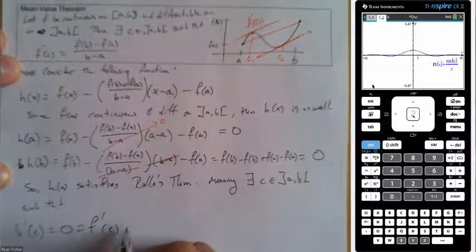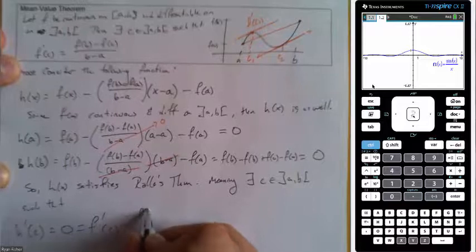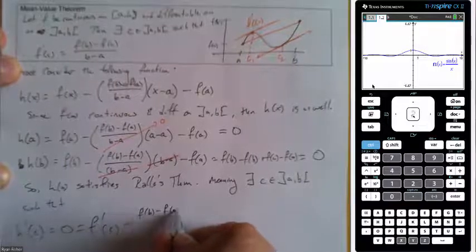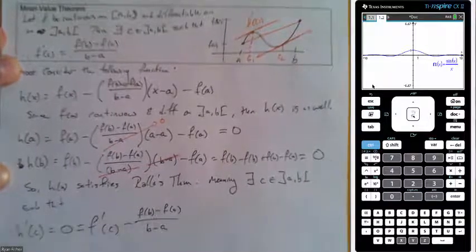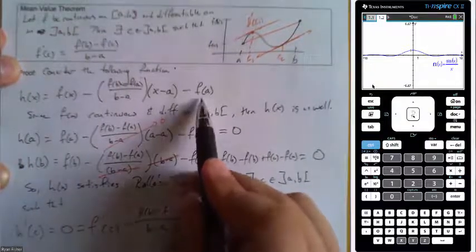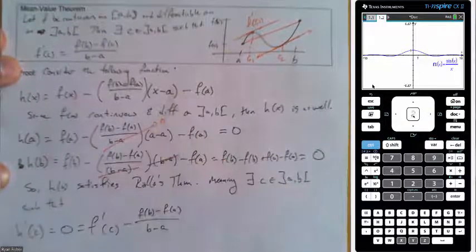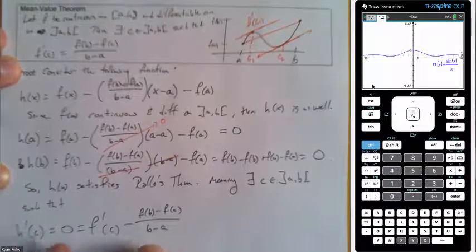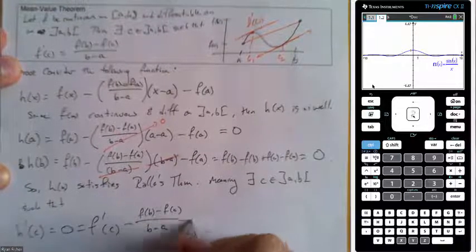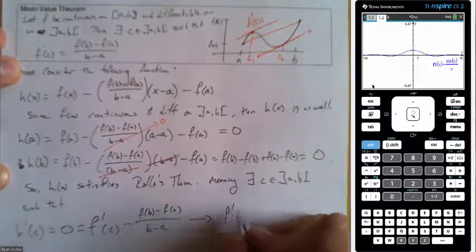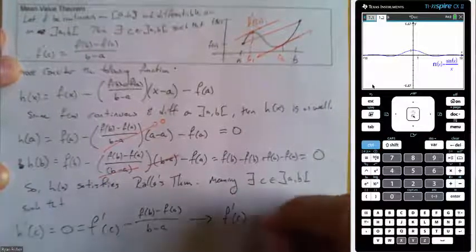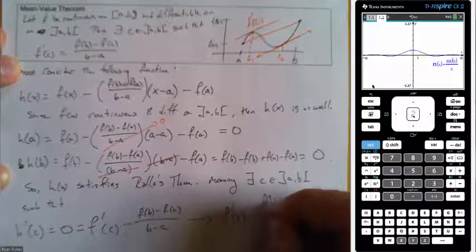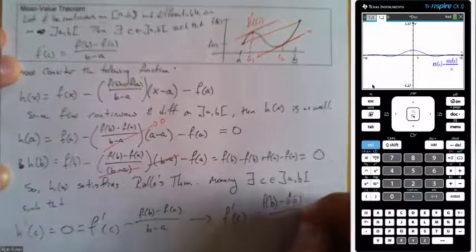So this is the same as minus f of b minus f of a over b minus a. Minus f of a is a constant, so its derivative is 0. So the derivative of h is 0, but it's also equal to this expression. Rearranging, this tells us that the derivative of f at c is equal to f of b minus f of a over b minus a.